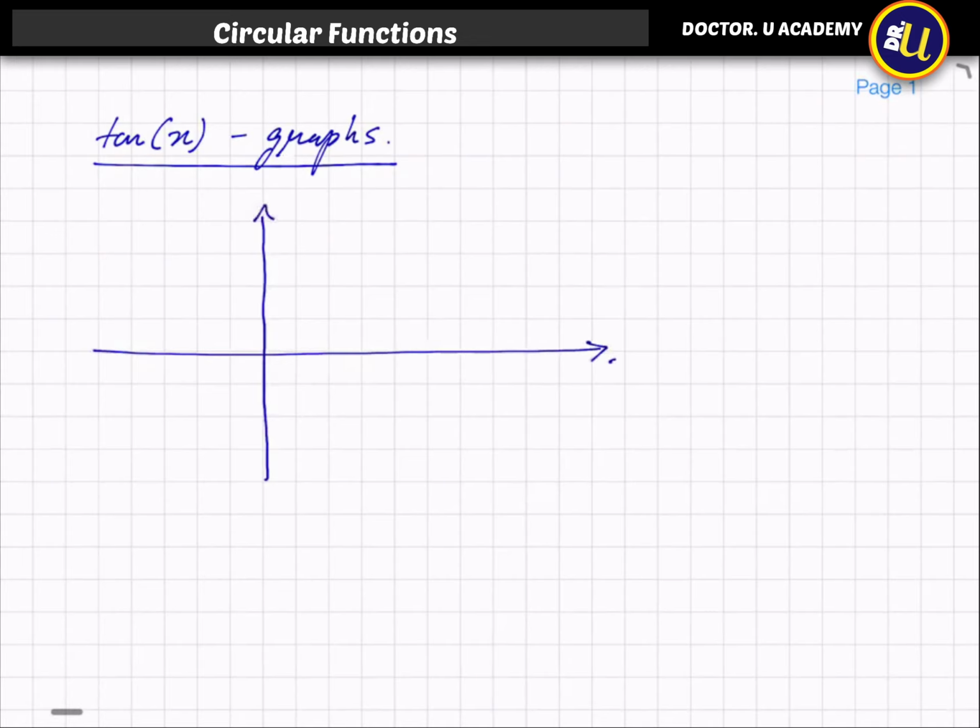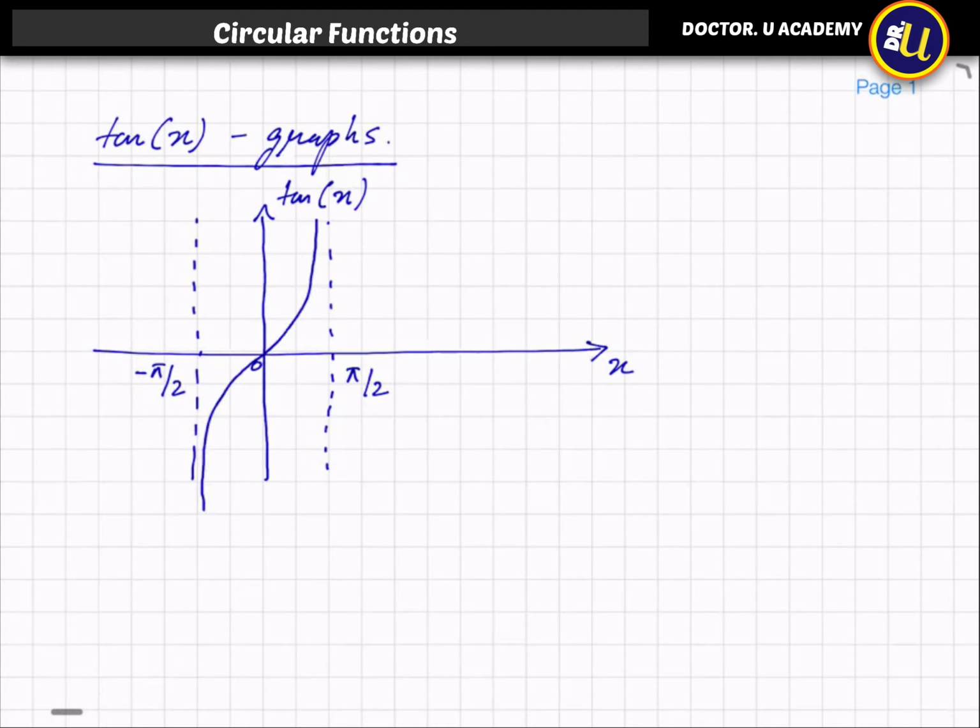Your independent variable is x, y would be tan x. So here you have pi divided by 2, 0, minus pi divided by 2. The curve looks like this.